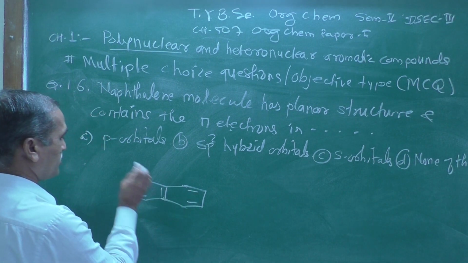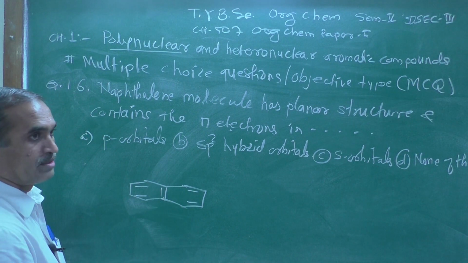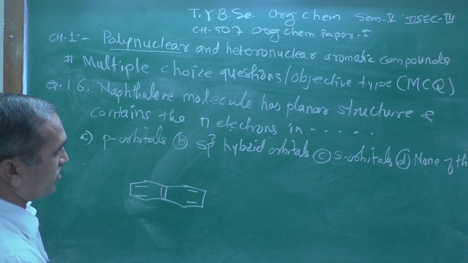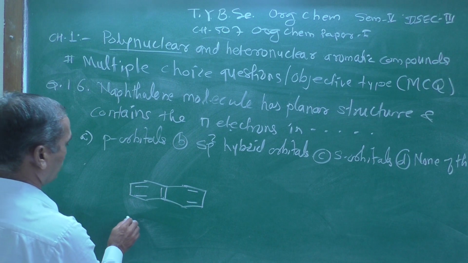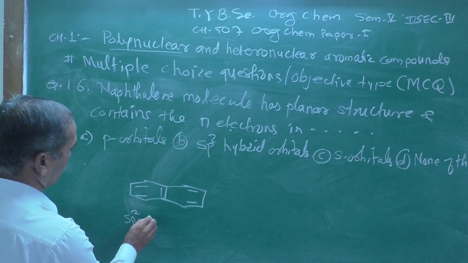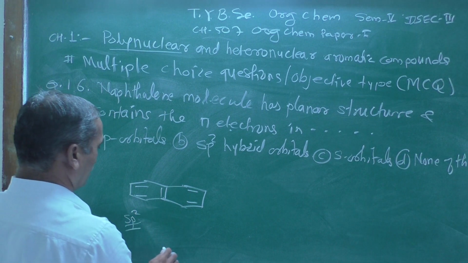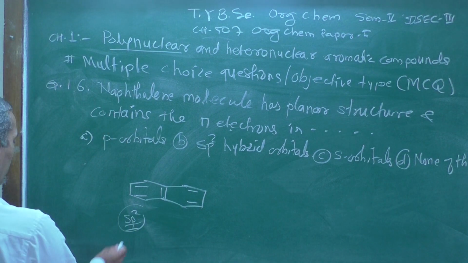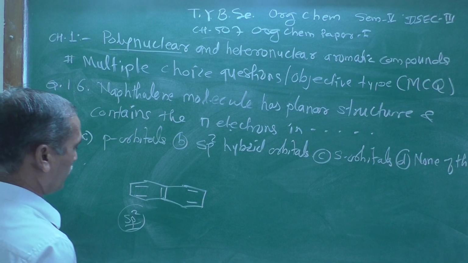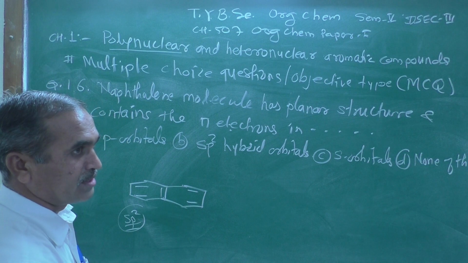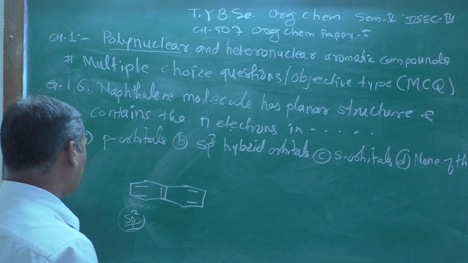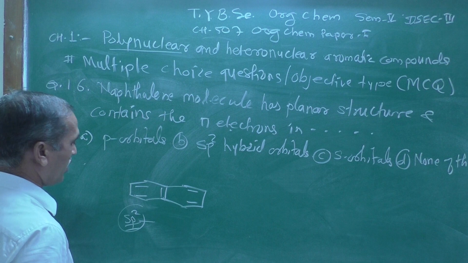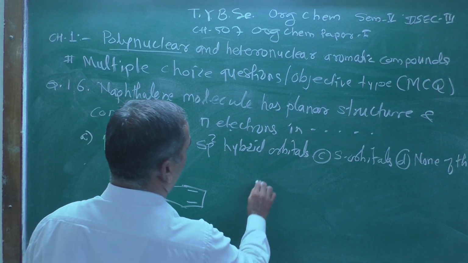You know that this is the structure of naphthalene, and when the carbon-carbon double bond is formed, it acquires the planar structure, that is sp2 hybridization. One s orbital and 2 p orbitals combine by overlapping to give a new orbital, sp2, which is triangular in nature.